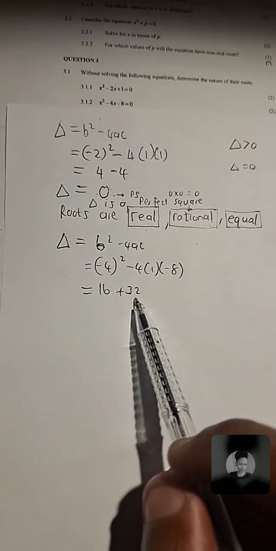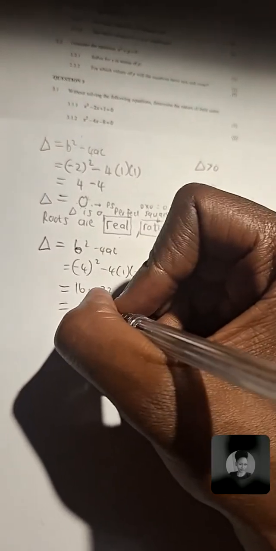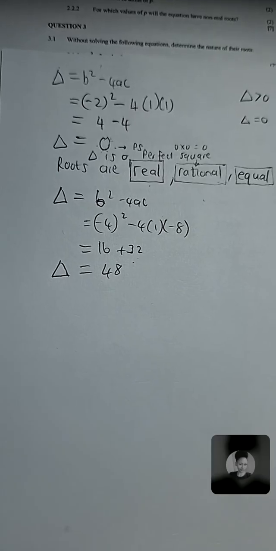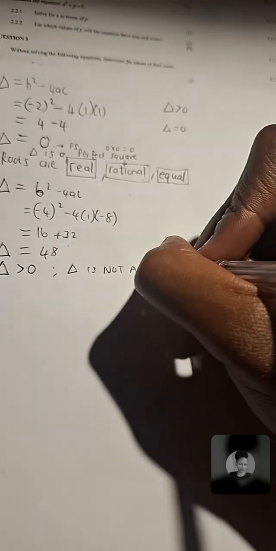Thank you very much for correcting that. Plus 32. That gives us 48. So two things here about delta. Delta is greater than 0. Delta is not a perfect square.